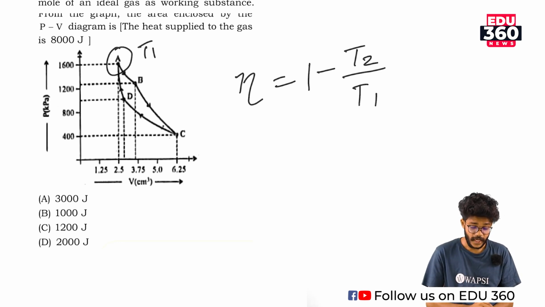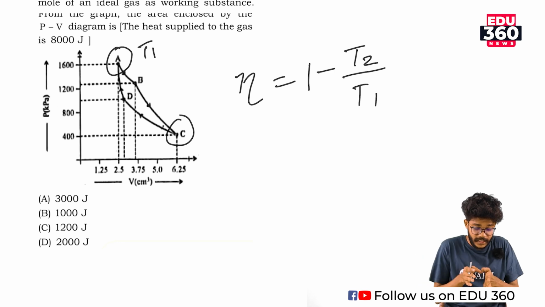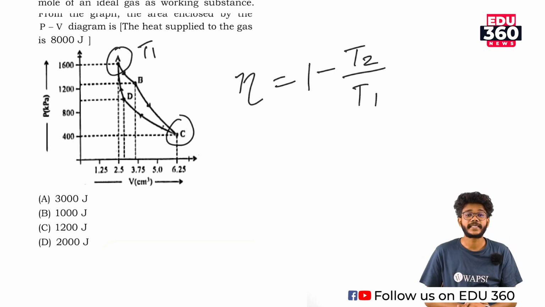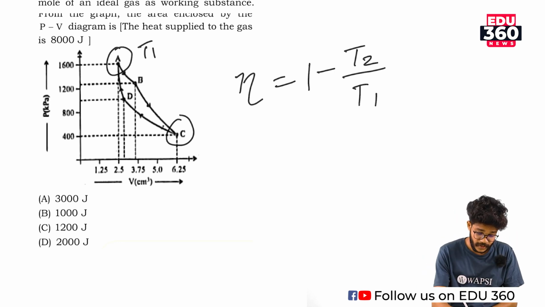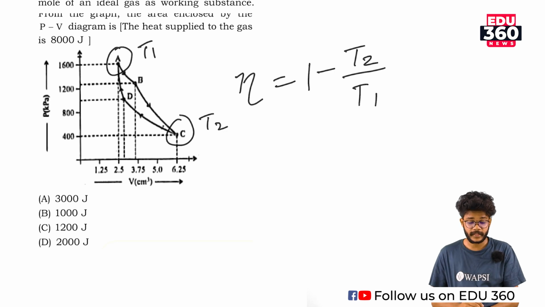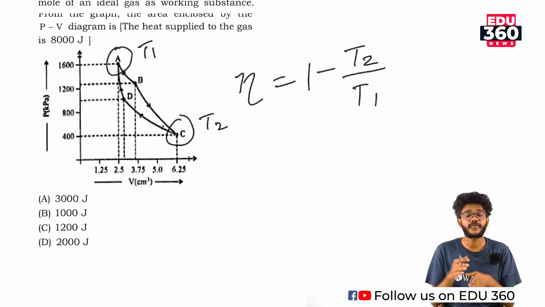What is T2? T2 is the temperature at C. From C to D, the volume is decreasing and the pressure is increasing, so we define the temperature T2 at C. For what purpose did I derive T2 and T1? To connect with the efficiency eta. What is our need to find the efficiency eta?